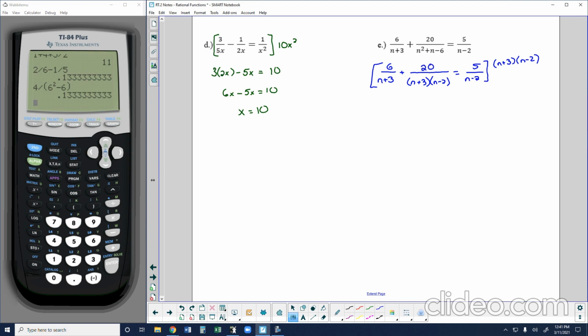Then plus, if I multiply the second fraction by that least common multiple, the n plus 3 and n minus 2 both would eliminate, which would leave me with 20. On the right side of the equation, I would have the n minus 2's that would eliminate, which would leave me with 5 times n plus 3.